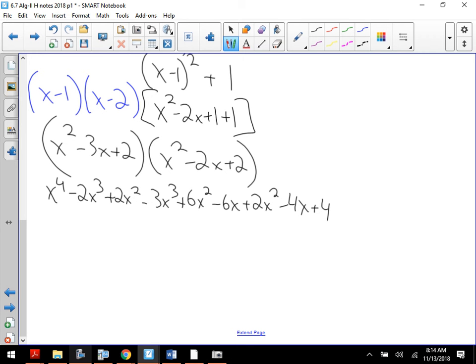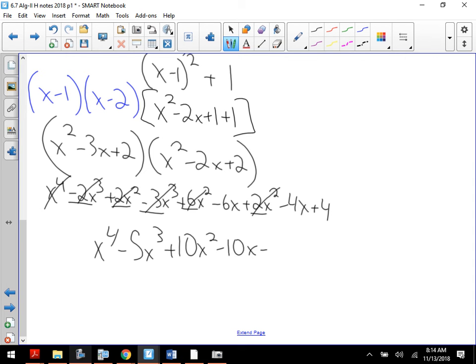And then just rewrite one last time. x to the 4th, 5x cubed. Polynomial of least degree. I had 4 zeros, so it happens to be a 4th degree polynomial.